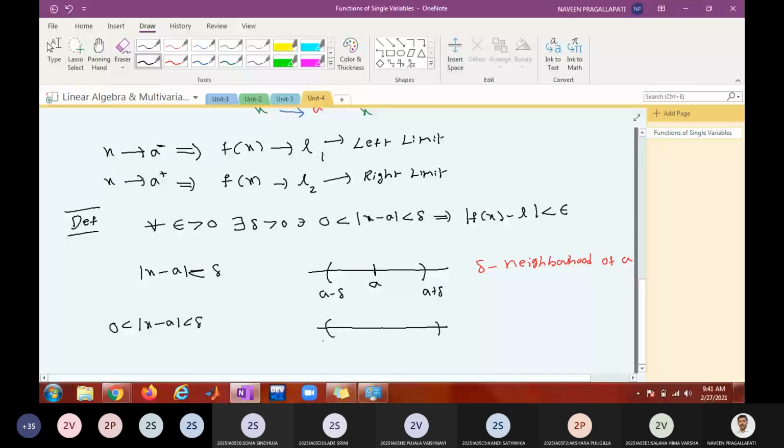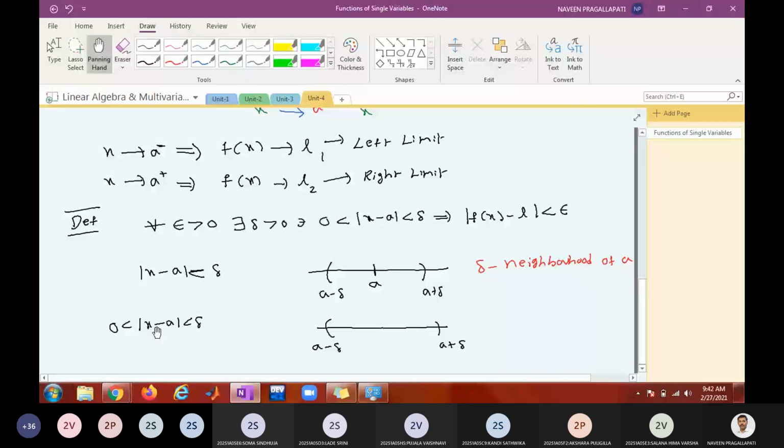It means the distance between x and a must be less than delta, but the distance between x and a should not be 0. When x equals a, x minus a is 0, no? So that should not be the case.